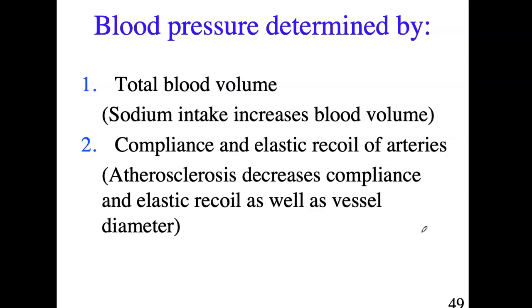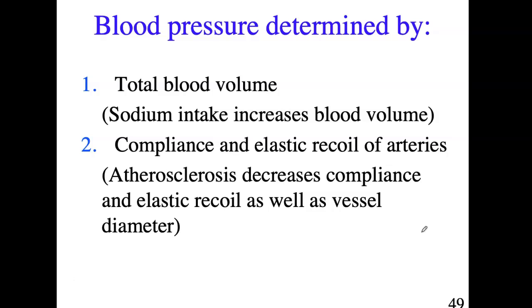2, compliance and elastic recoil of the arteries is going to determine blood pressure. So if you have the elastic recoil in the large arteries that are able to elastically contract again, they're going to serve as a pump. Now, take away all that compliance.